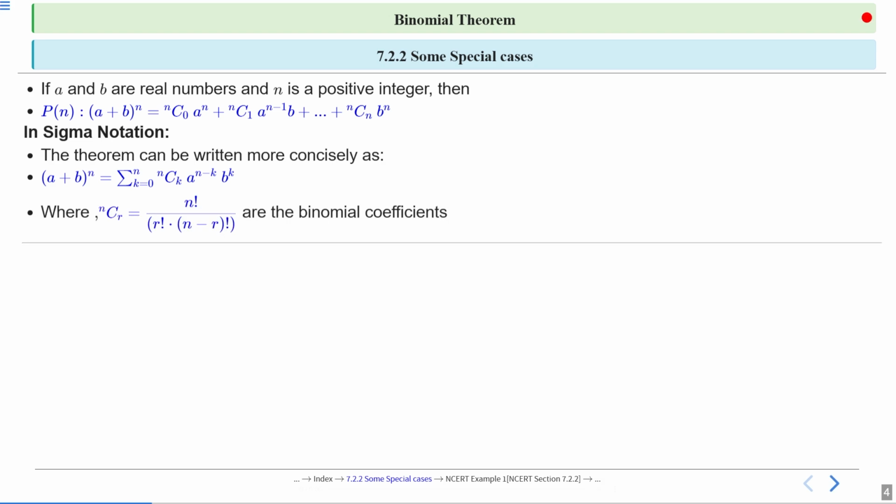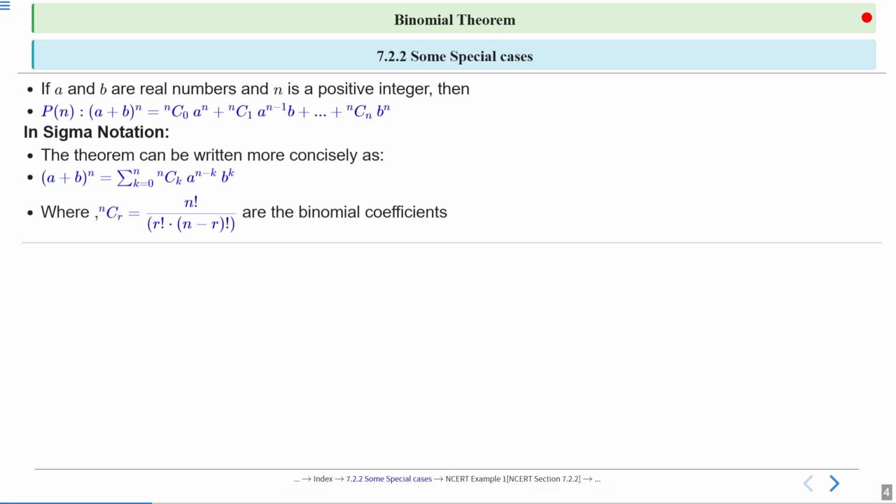Now let's define the binomial coefficients which are crucial to the binomial theorem. Okay, so the binomial coefficient denoted as n choose r is calculated as n factorial upon r factorial times n minus r factorial.